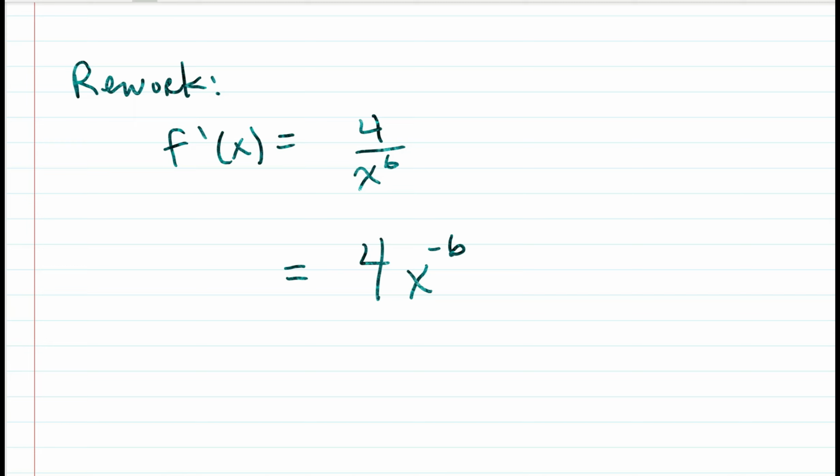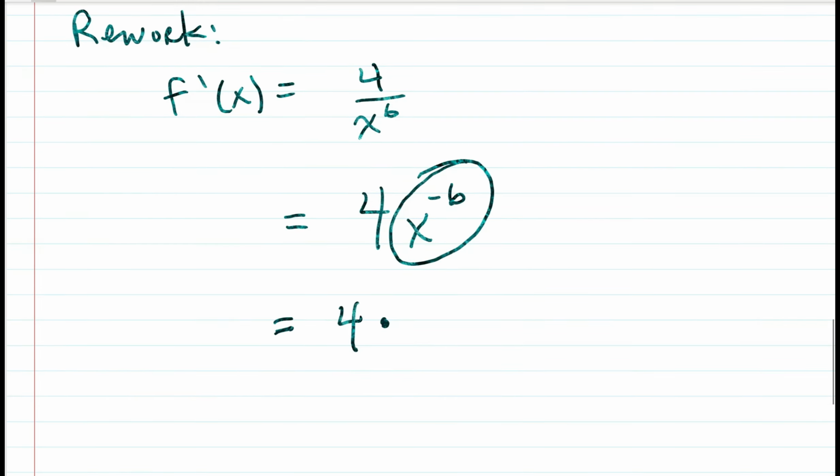Properties of exponents again. So now looking at this, I can go back to what we learned earlier in that constant multiple rule. And I can say, okay, let's take that 4 out and then just take the derivative of x to the negative 6. Well, to take the derivative of x to the negative 6, we'll just use that power rule. So the power rule says to make it negative 6x, right? Bring that exponent to the front of the variable and then subtract 1. Well, negative 6 minus 1 will make it negative 7, right?